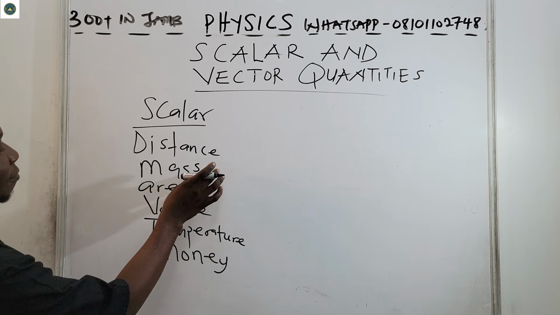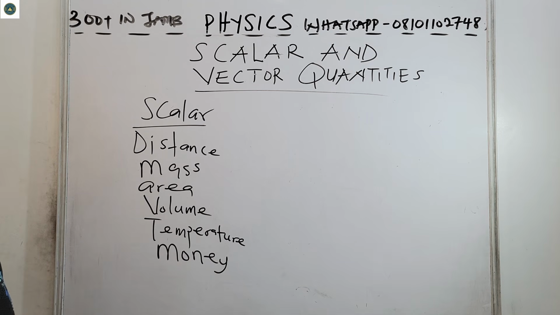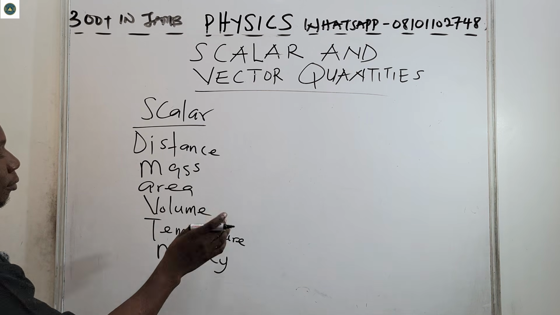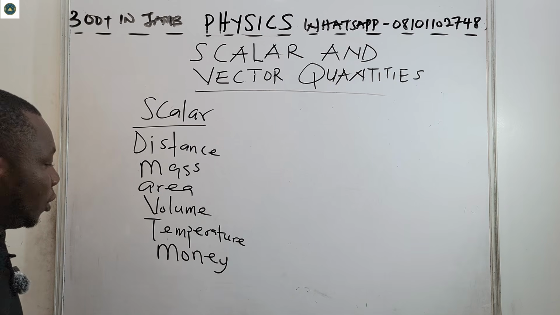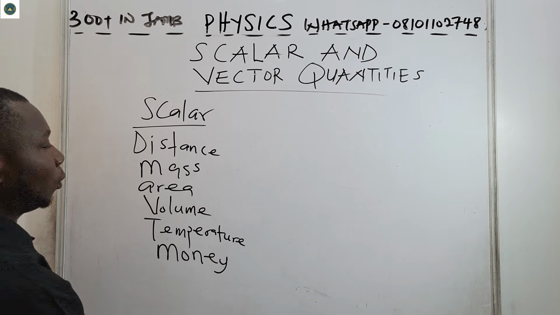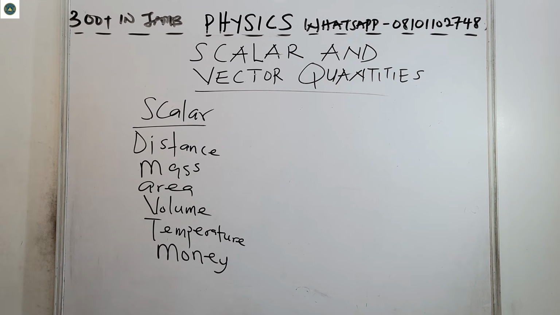Mass is the quantity of matter contained by a body. Temperature is the hotness or coldness of a body. Money is the legal tender.